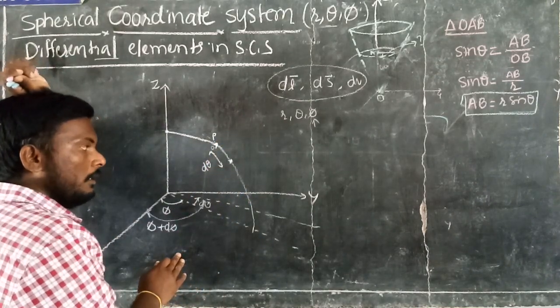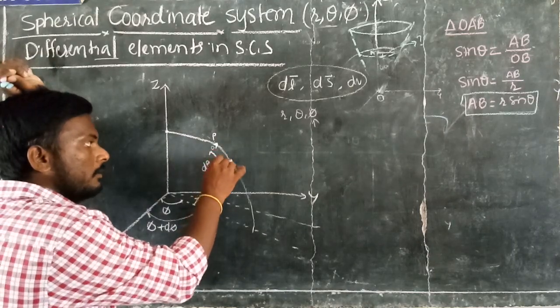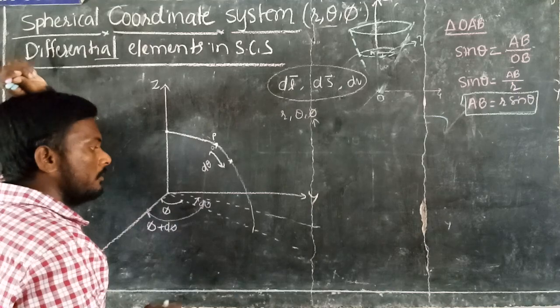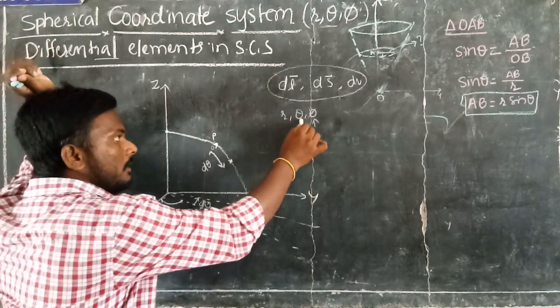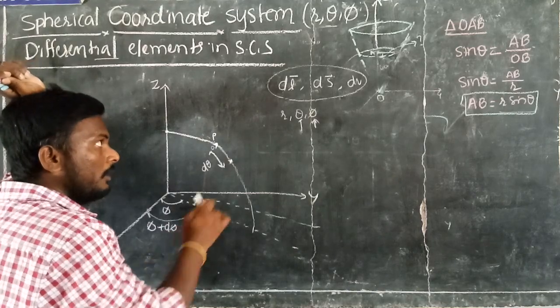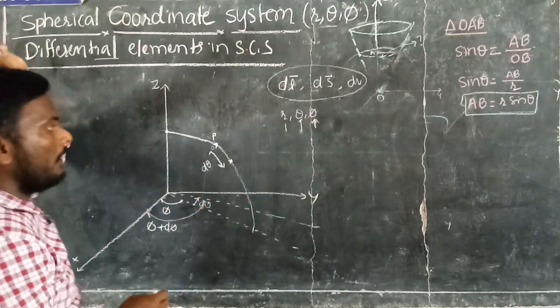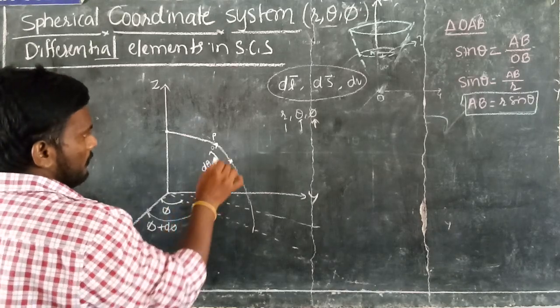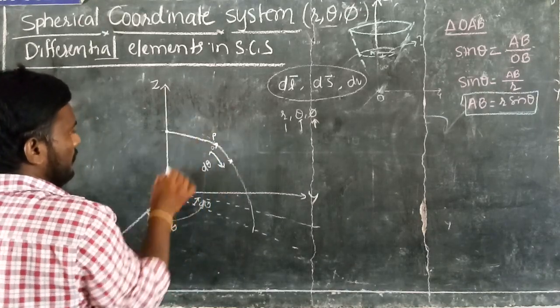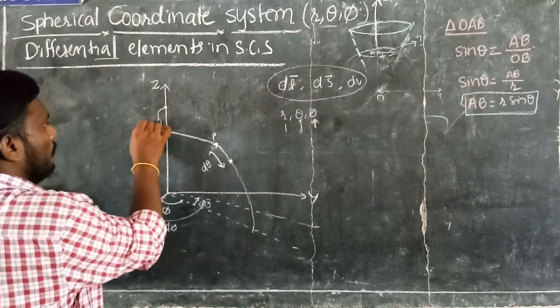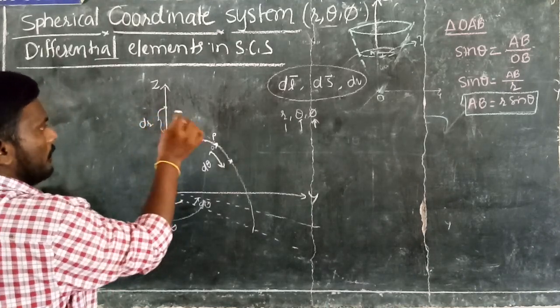No. I increase two values here: change in theta and change in phi only. Okay, what about dr? That's why I am changing my r here. Up to now it is a r, and I am just increasing r to dr like this.